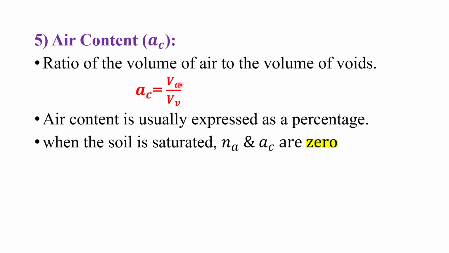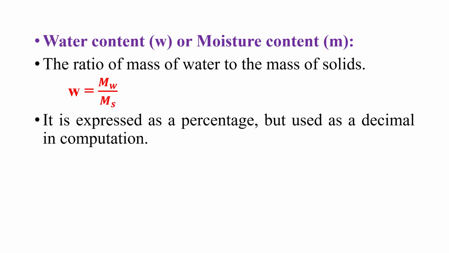It is because numerator Va will be 0. Water content or moisture content. It is the ratio of mass of water to the mass of solids. It is expressed as a percentage but will be used as a decimal in computations. These are some important relationships.